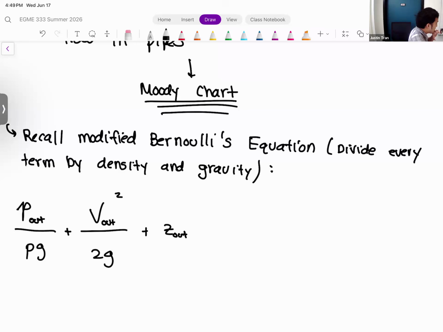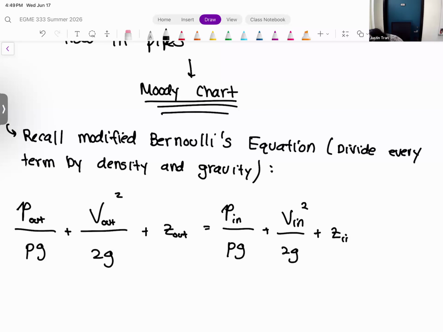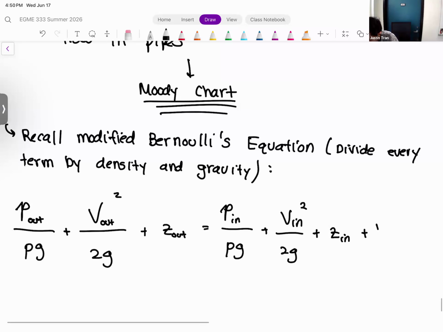So that's now just Z, the height. If you look at the units, everything here has units of length. And this is equal to, same things at the inlet, P in divided by rho times g plus V in squared divided by 2g plus Z in. Plus two additional terms here. So we have HS minus HF.